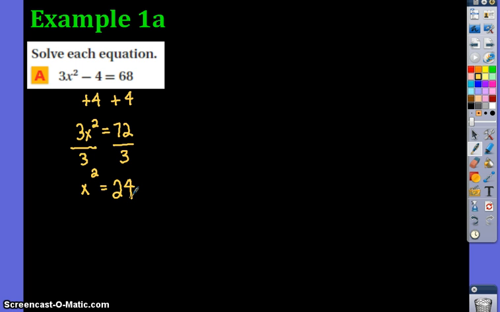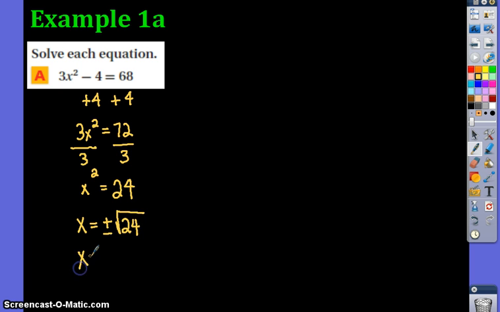So the square root property says we can just take the square root of both sides. So that means that x is equal to, and remember your ideas from Algebra 1, if we're going to take the square root, it's plus or minus the square root of 24. But this is not in simplest radical form. 24 has a perfect square as one of its factors, 4 of course.